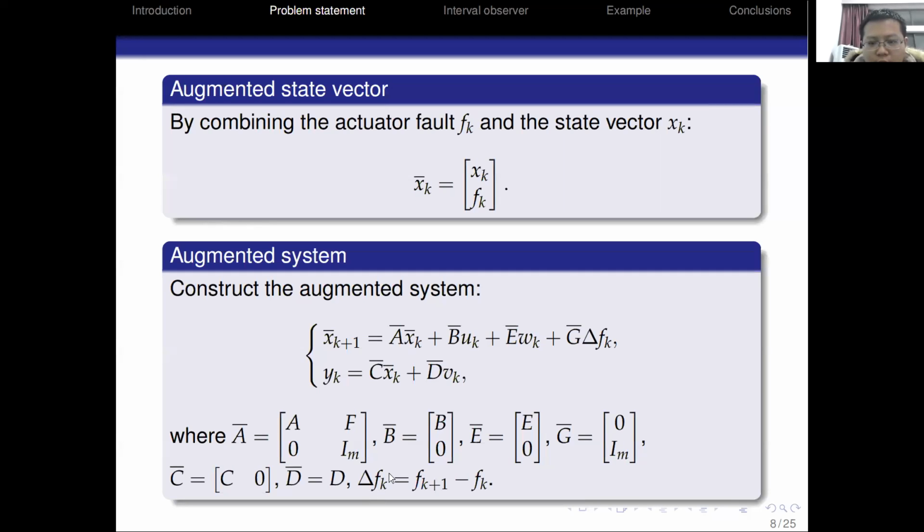And we define a new index: delta fk is fk plus 1 minus fk.